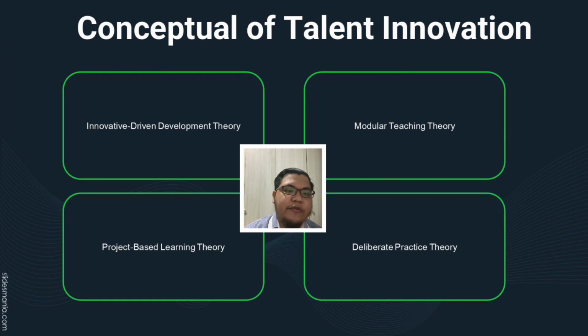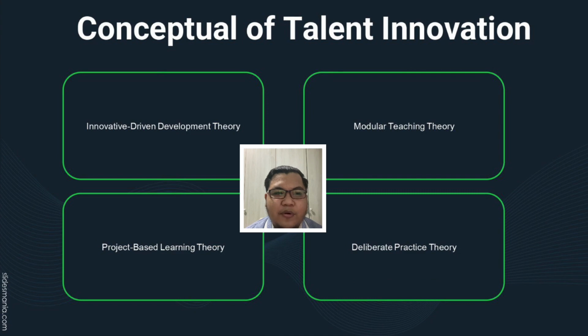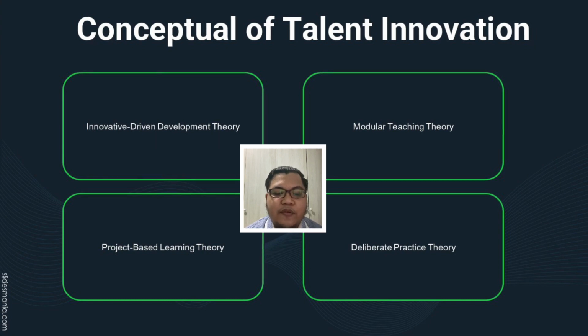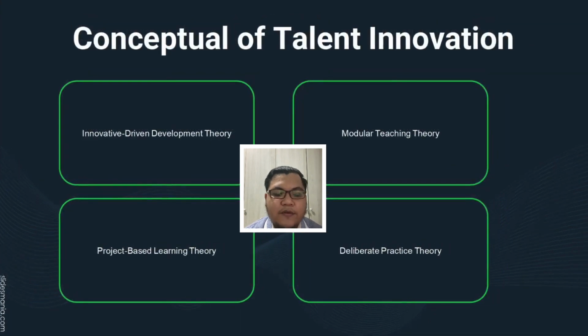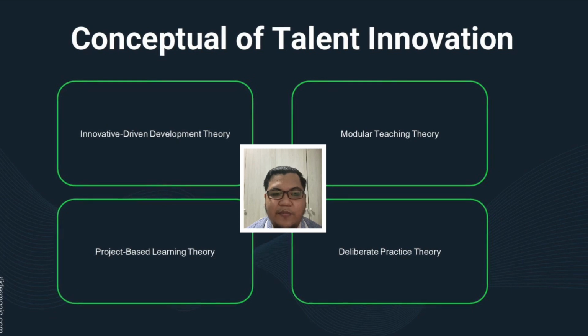The third theory, modular teaching theory, focuses on teaching in smaller units before combining them into a larger unit based on organizational rules. They use human capital to properly develop talent from small units of practice, then combine them into a more complex system. It is also very similar to the fourth theory, the deliberate practice theory.